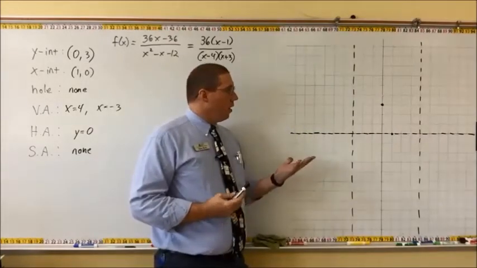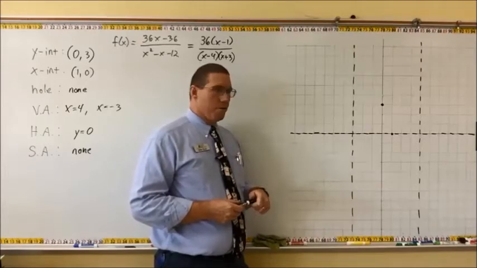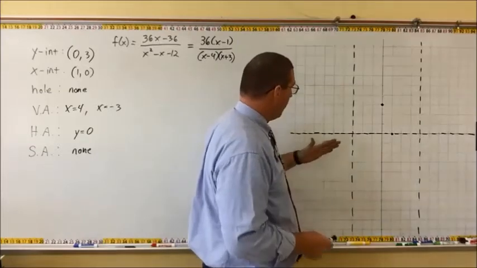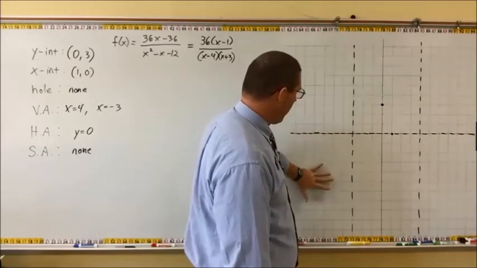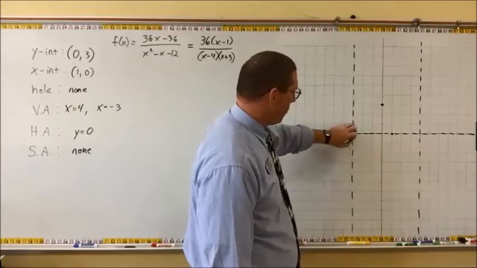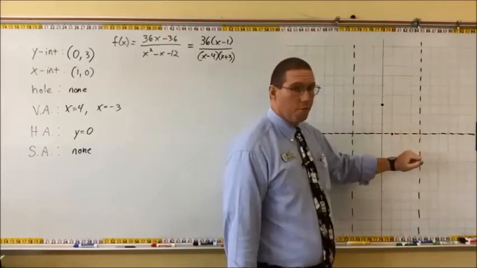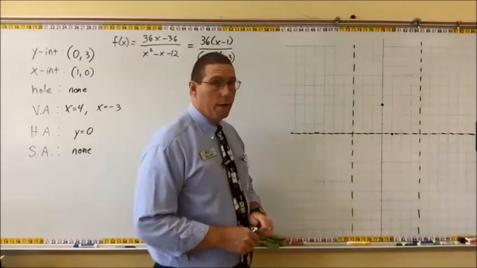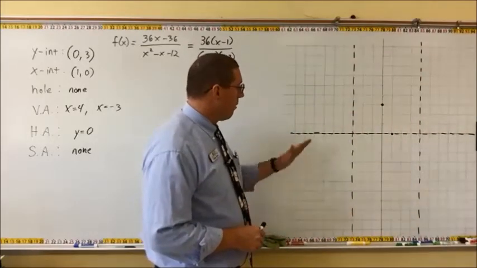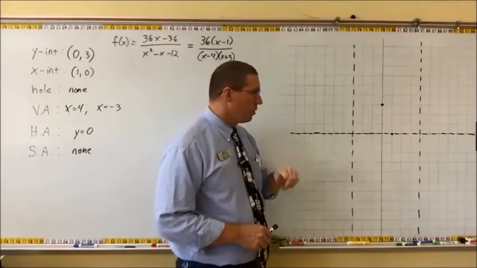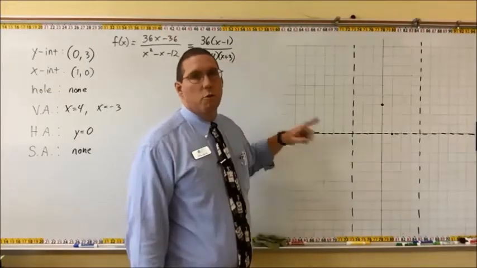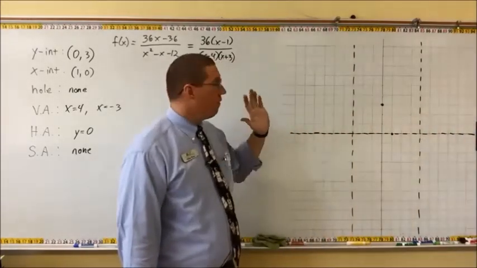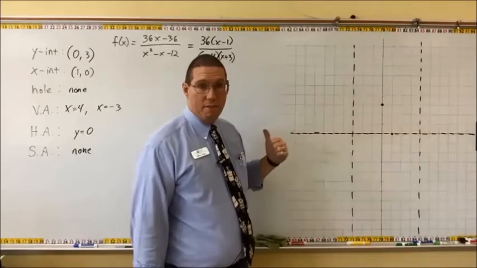Okay, now we've got all of our features graphed, but this is looking kind of weird, because we have three sections. We have this section on the left side of negative 3, the middle section between negative 3 and 4, and the right side section greater than 4. Now, we also have this horizontal asymptote, and here's what you need to understand. Horizontal asymptotes only affect the ends, the right side section and the left side section.